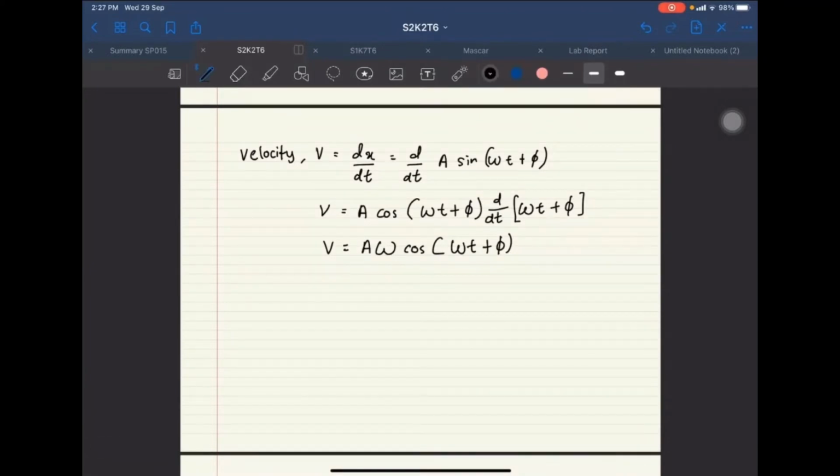Okay, that one is for velocity. So if the question asks you to find the velocity at a specific time, contohnya find the velocity after 3 seconds, what you guys need to do is substitute t equals 3 seconds over here, and then you calculate everything, and you should get a value of v. Satu value je of v. At that particular time ada satu value.